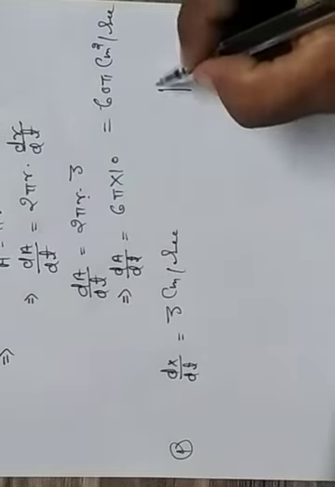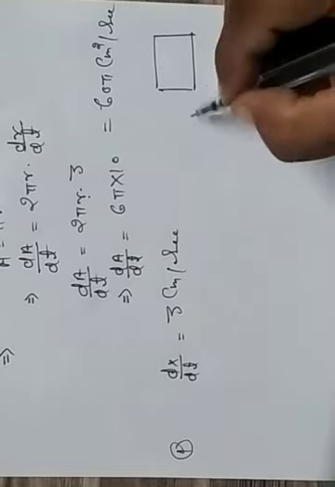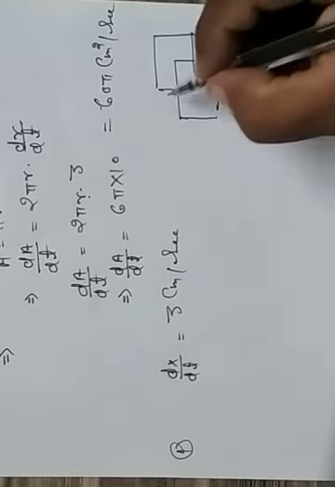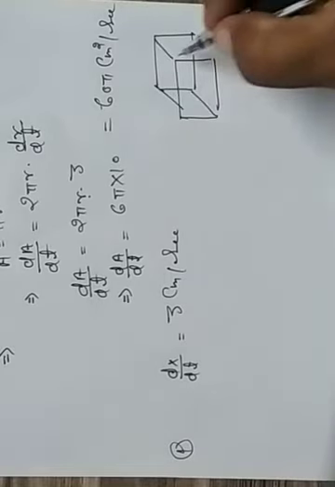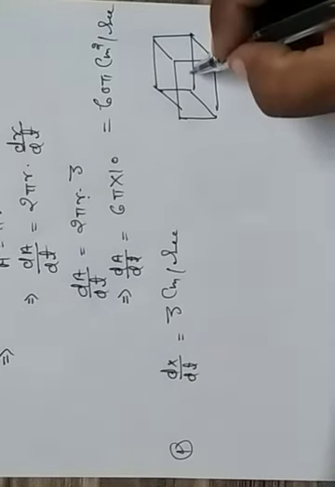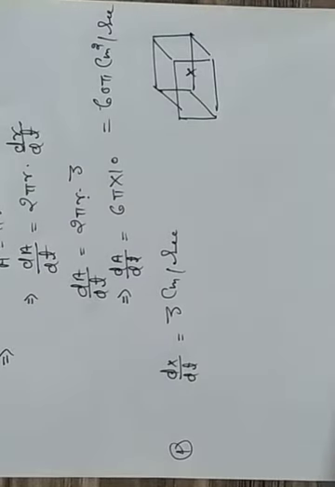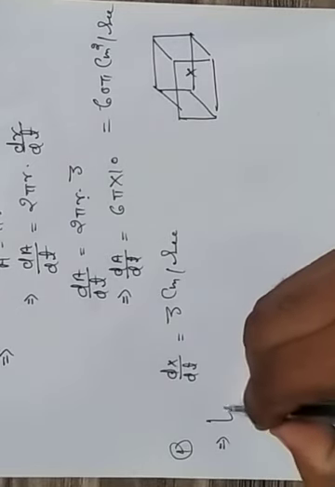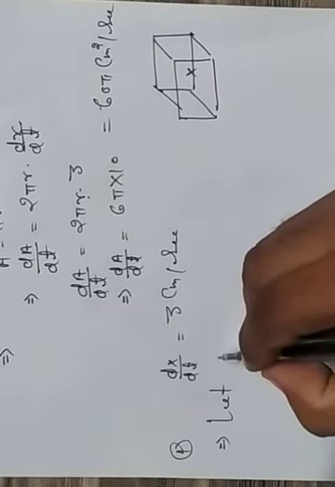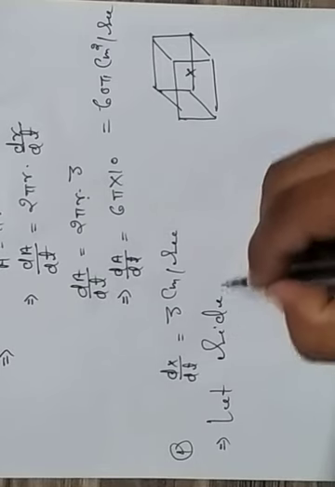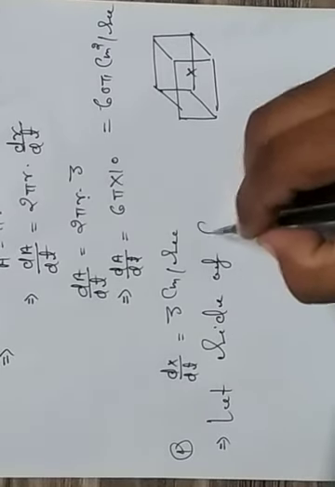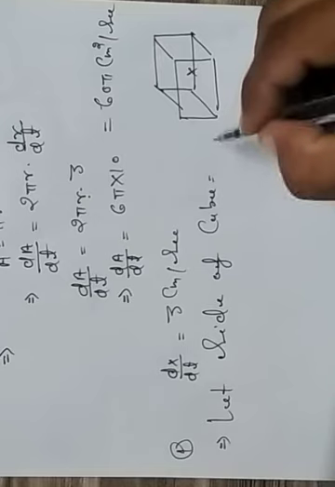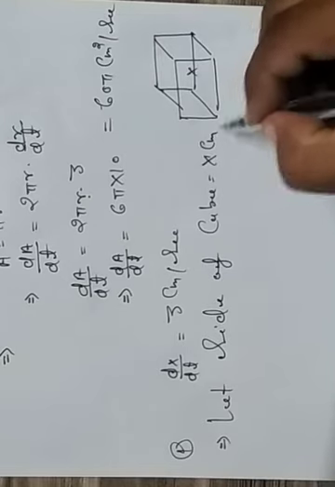So again student, we will draw the diagram of one cube, and suppose length of edge of cube is equal to x centimeter. So let side of cube is equal to x centimeter.